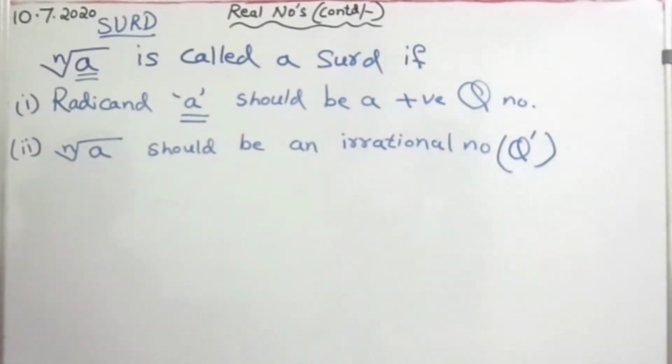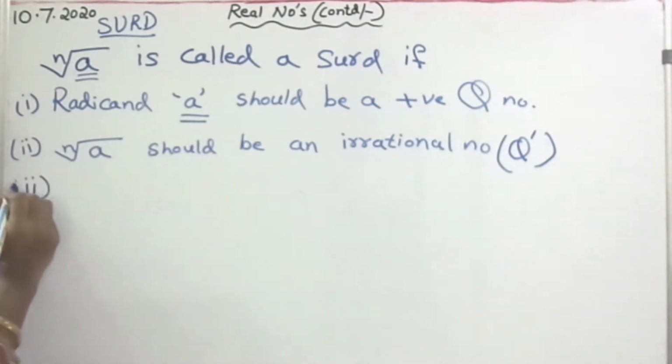So nth root of a should be an irrational number. What do we mean by that? Nth root of a, we cannot remove the root sign to get a value, so that is called an irrational number. You already have done that worksheet.